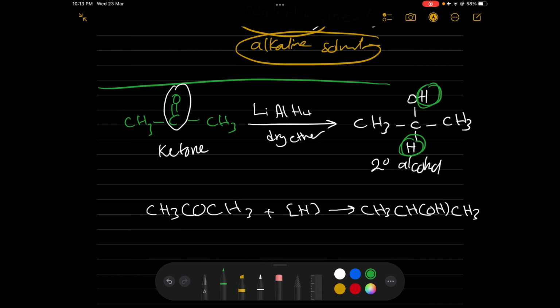There's no change in the number of carbons or oxygens, but the only change is in the number of hydrogens. As you can see, we have 6 hydrogens here, 3 and 3, and here we have 2. Then we have to multiply this by 2, and this is the equation that we have.